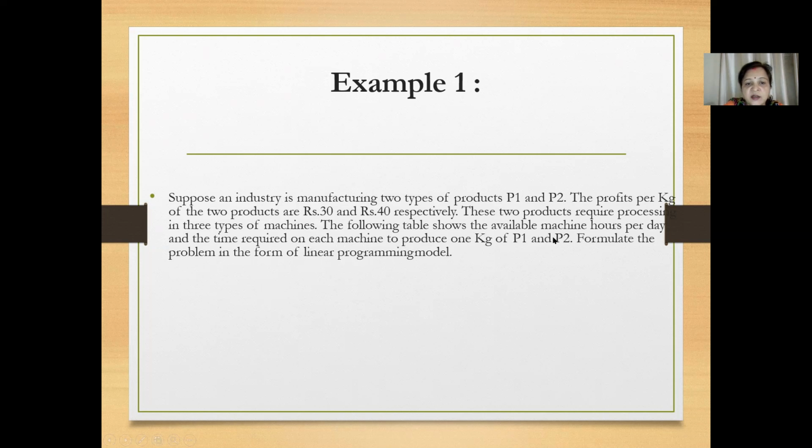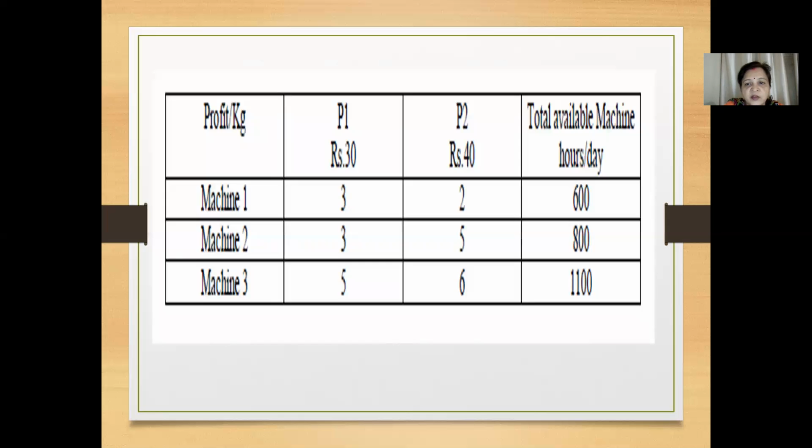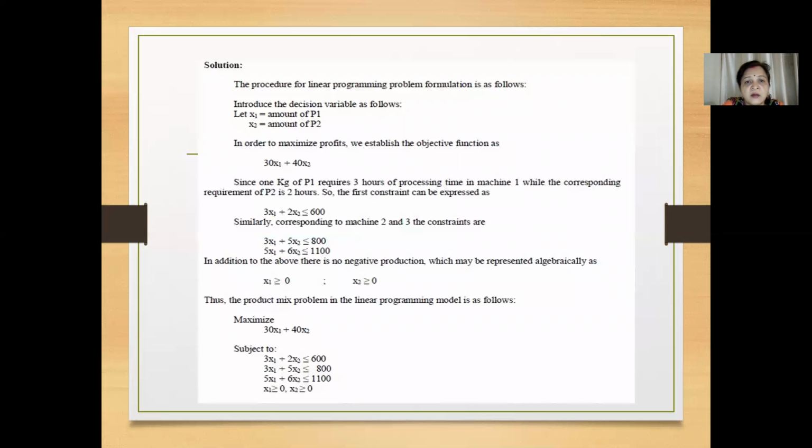And we have to formulate the linear programming model. So this is the table, and this is the upper limit for machine 1, that is, it is available for 600 hours, for machine 2 it is 800, and for machine 3 it is 1100. So we have to maximize here the profit to the industry.